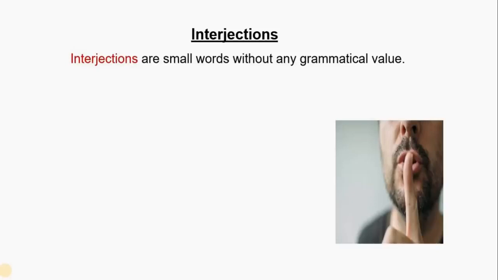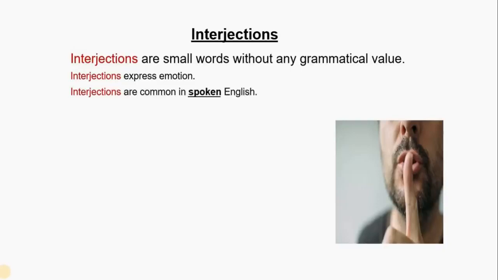They are totally alone and by themselves a little bit. They usually express an emotion or some sort of exclamation, and are very common in spoken English. So be careful. We do not usually write this.